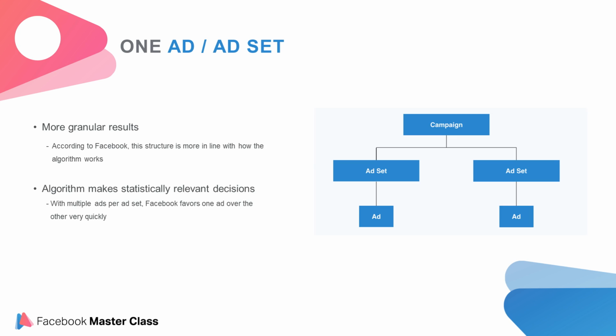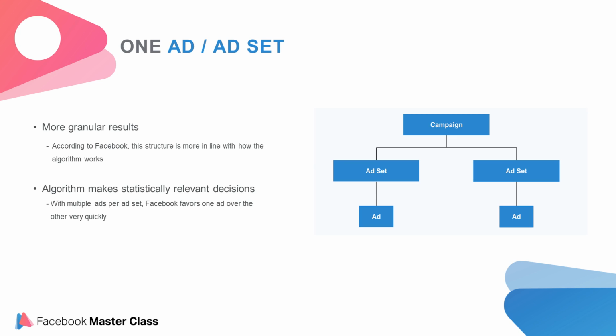And two, the algorithm makes statistically relevant decisions with that structure. Because here's the thing, with multiple ads per ad set, Facebook favors one ad over the other very quickly. And unfortunately, this decision isn't statistically relevant because that decision is being made after a few hundred impressions.